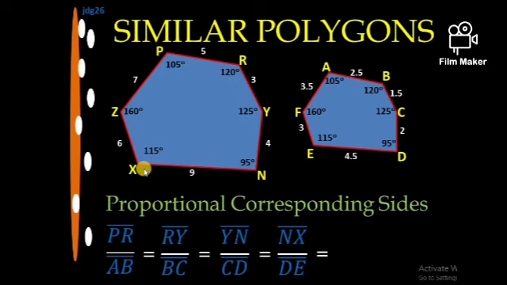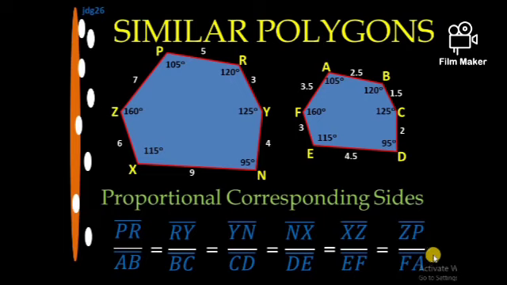Equals segment XZ over segment EF equals segment ZP over segment FA. So, ilang corresponding sides meron tayo? 1, 2, 3, 4, 5, 6. Meron tayong 6 corresponding sides that are proportional. Kasi po, ang ating given na figure ay merong 6 sides.